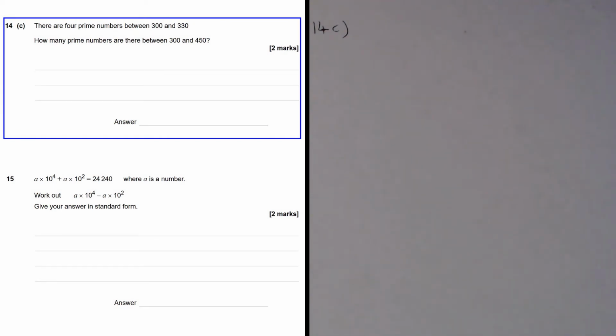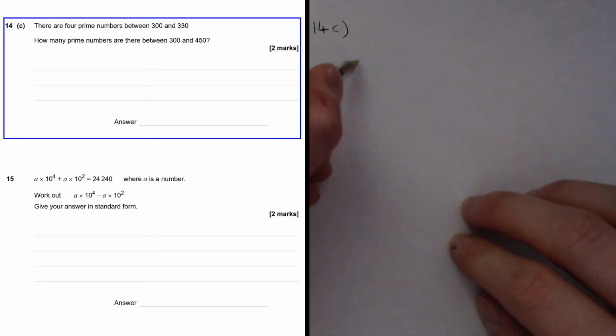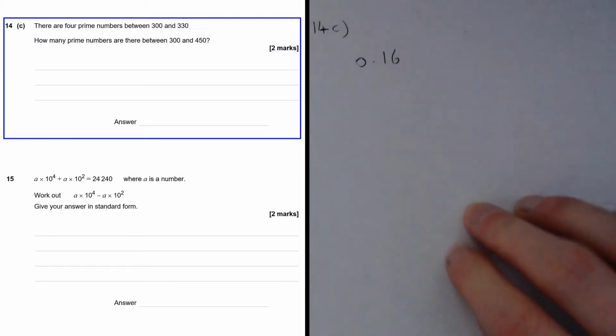In part C, we are told that there are 4 prime numbers between 300 and 330. And the question asks us how many prime numbers are there between 300 and 450. Well, if we go back to our table, we can see that the probability that n is between 300 and 330 is 0.16.